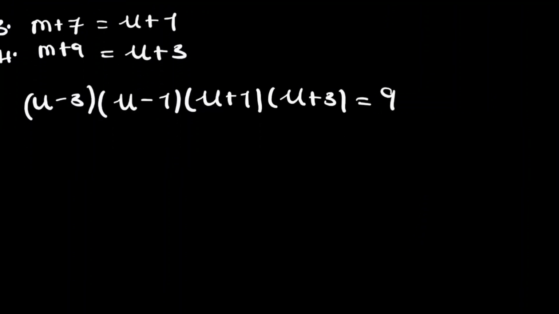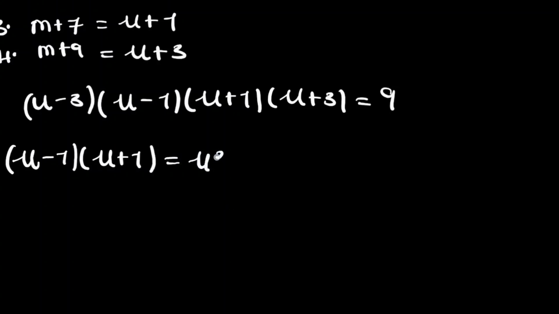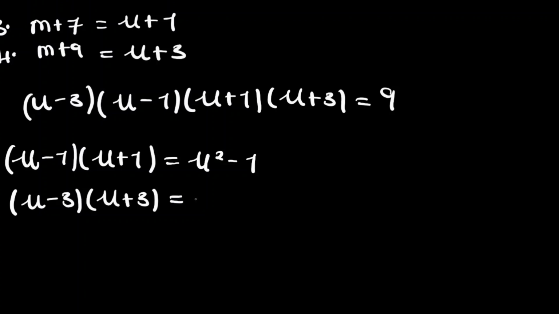If we look closely, we have some terms that can be simplified. Expanding u minus 1 and u plus 1 gives us u squared minus 1. And u minus 3 and u plus 3 is u squared minus 9.